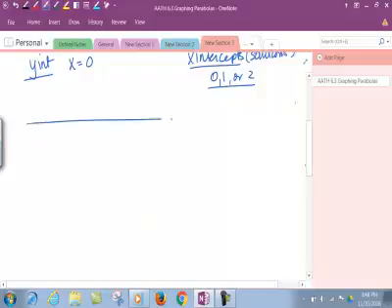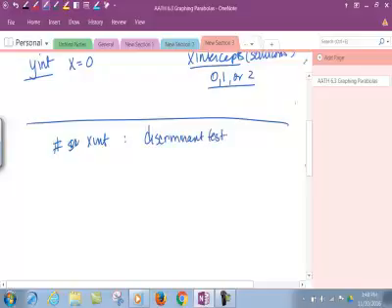Okay, so in order to find the number of solutions, the number of x-intercepts, we use something called the discriminant test. Here's the discriminant test. You just take the number under the square root in the quadratic formula. So you're going to find b squared minus 4ac, and one of 3 things is going to happen. The number you get is going to be greater than 0, equal to 0, or less than 0.